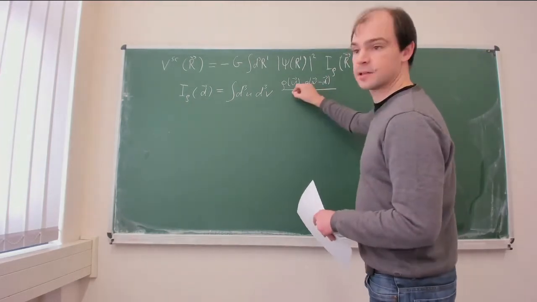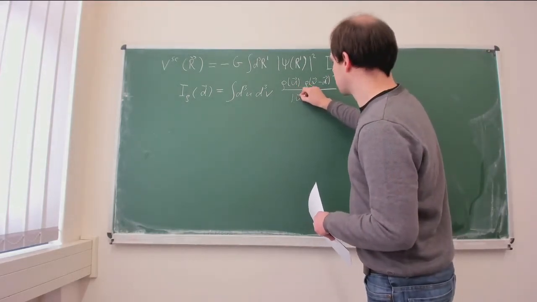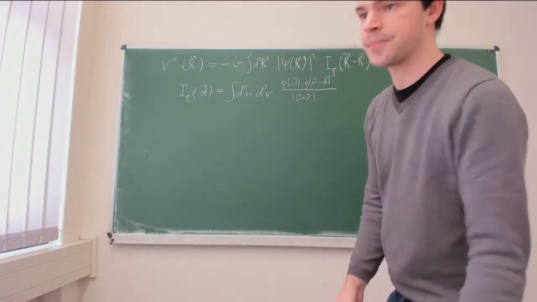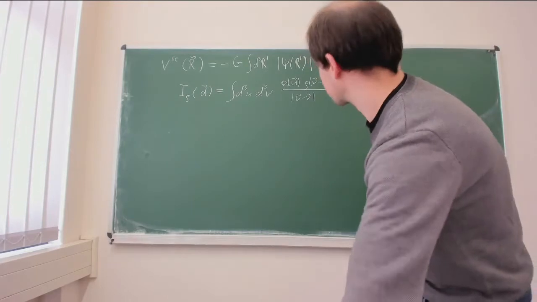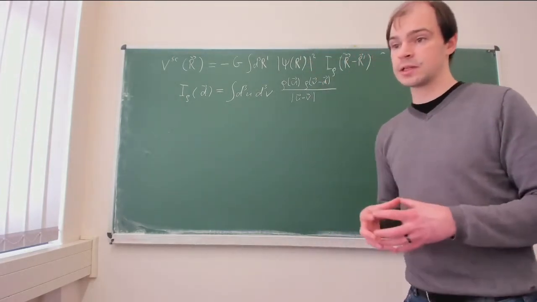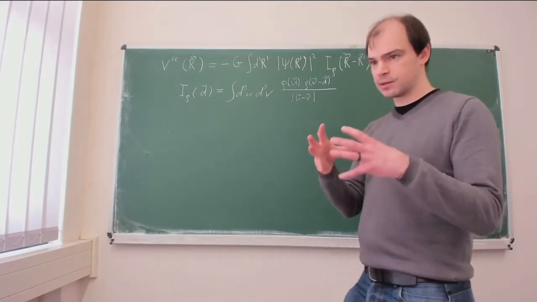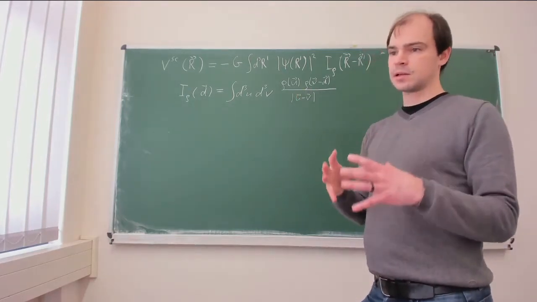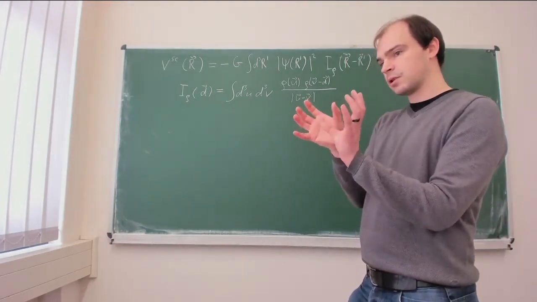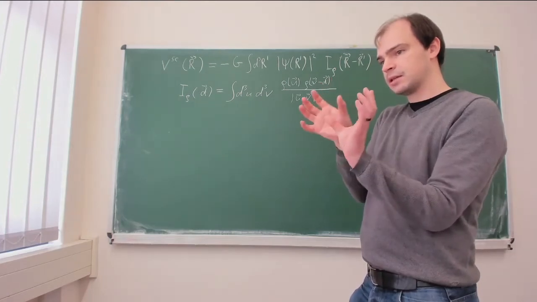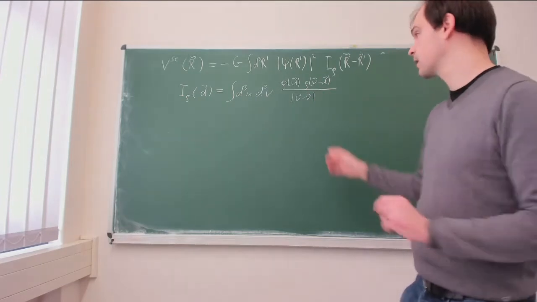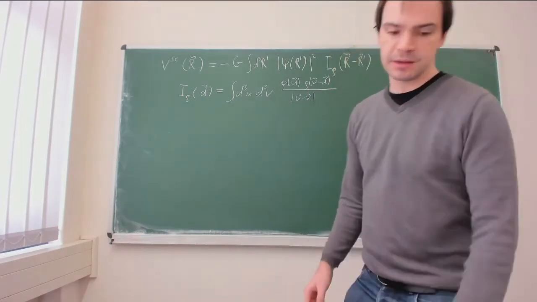And then I just have the distance u minus v. So what this is intuitively is the gravitational energy that I get if I take the mass distribution rho of u and I take a copy of the same mass distribution and I shift it by a distance d. Then the gravitational energy that I need to create this split by distance d between those two mass distributions, this is given by this function I_rho.